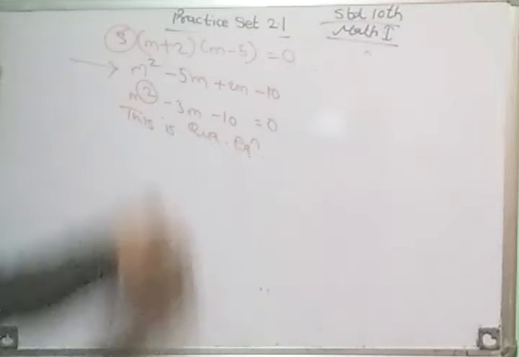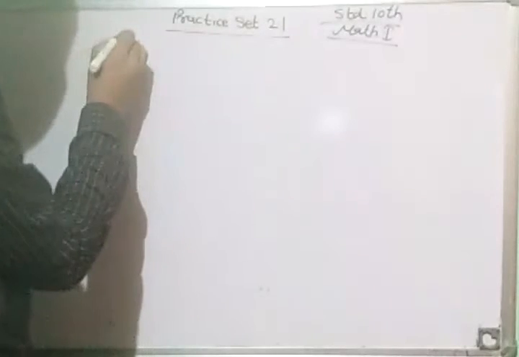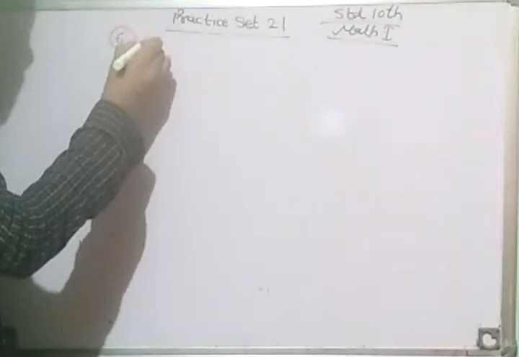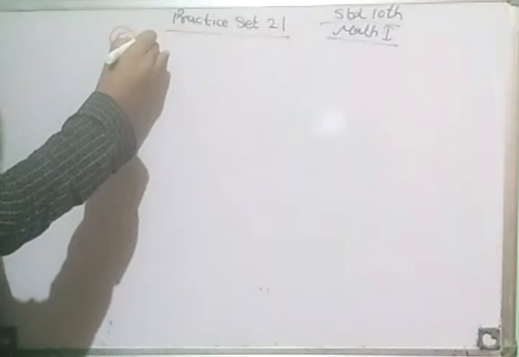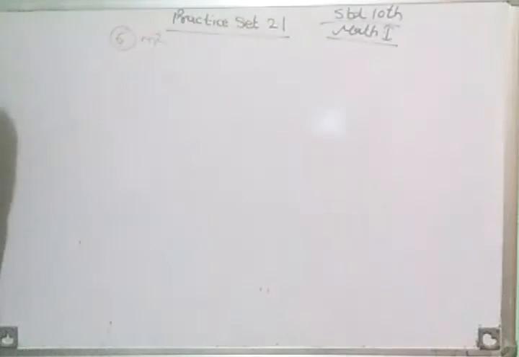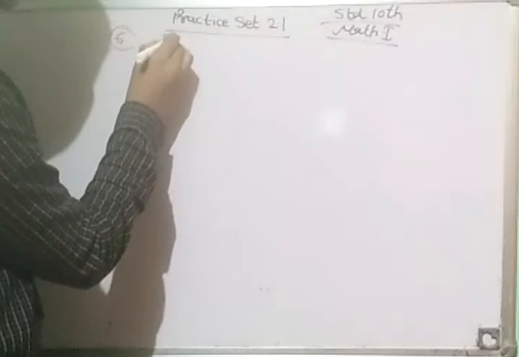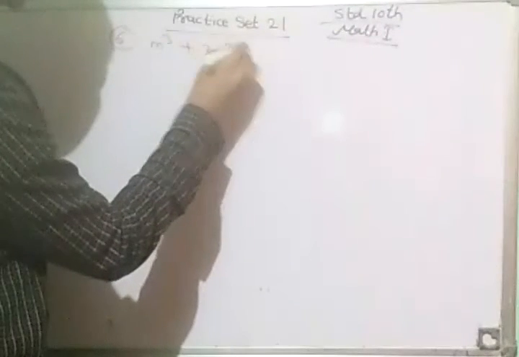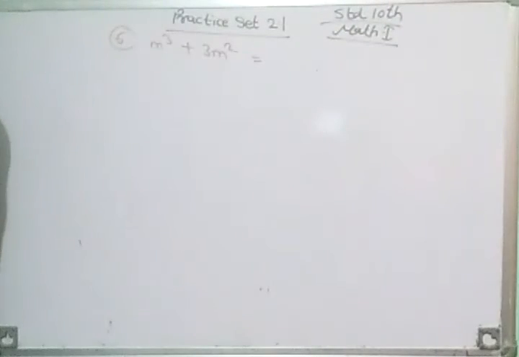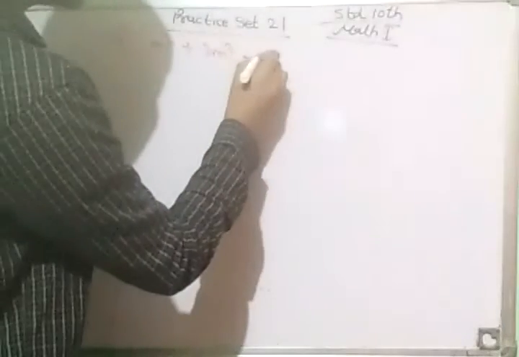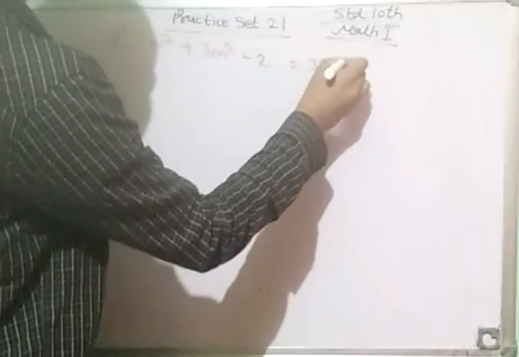Then friends, sixth example of the second question is m cube plus 3m square, sorry, minus 2 is equal to 3m cube.